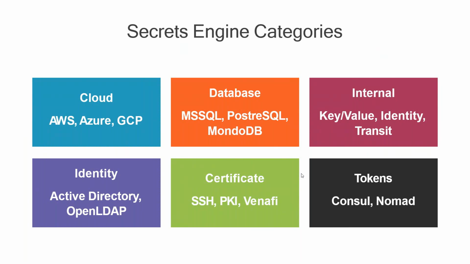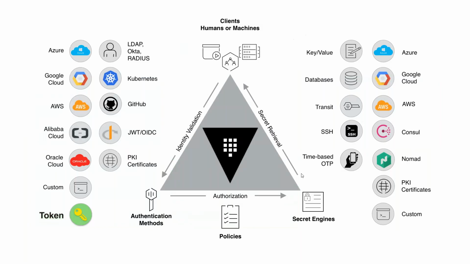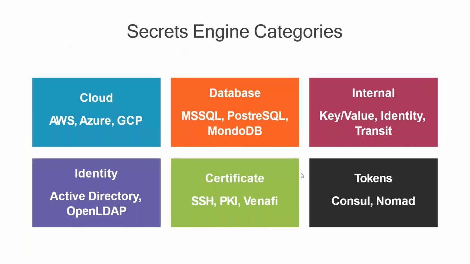Consul and Nomad are products of HashiCorp only. So these are the different categories of backends, different categories of storage you can use in Vault to store the secret.